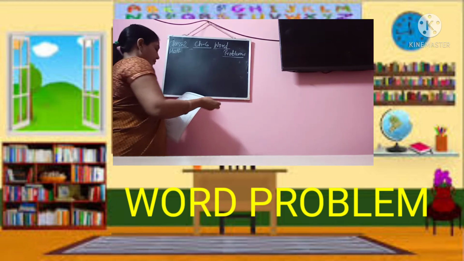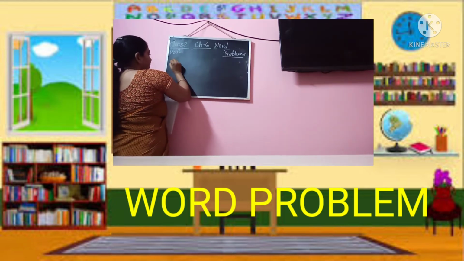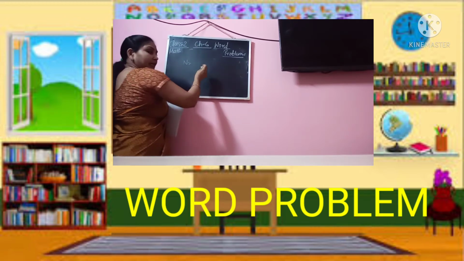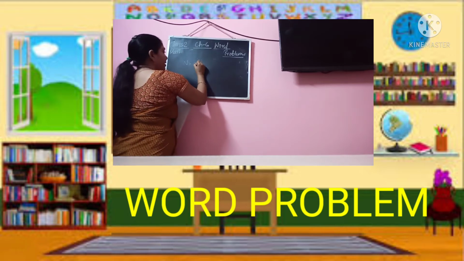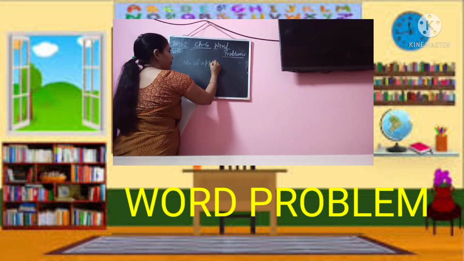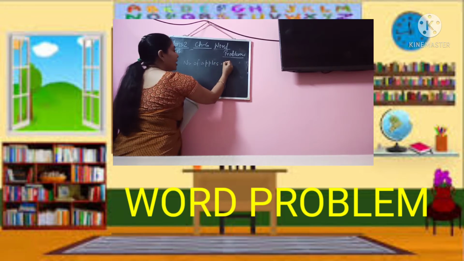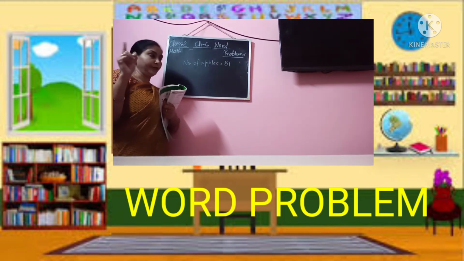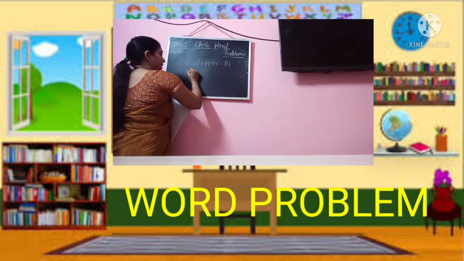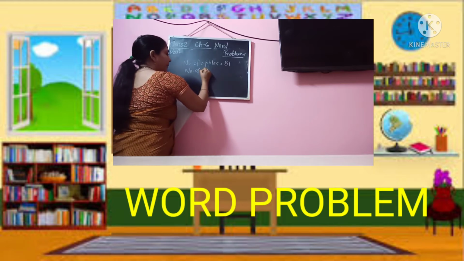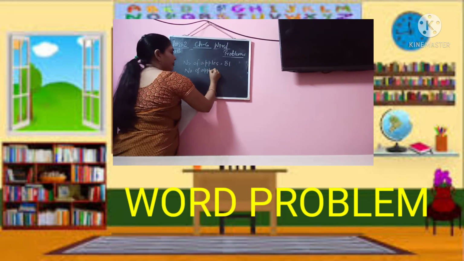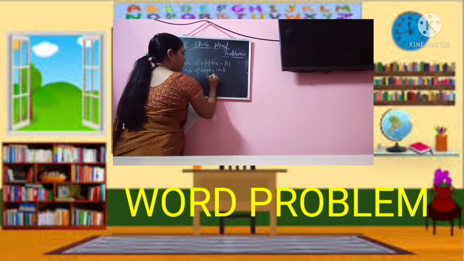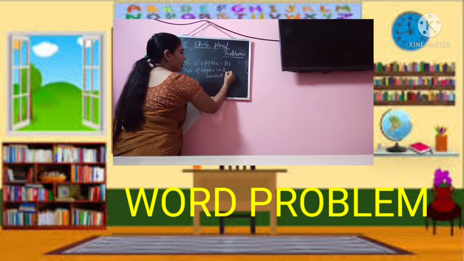How you will divide? You see, what are the information given? Total number of apples, 81, is given to you, and number of apples in one basket, 9.